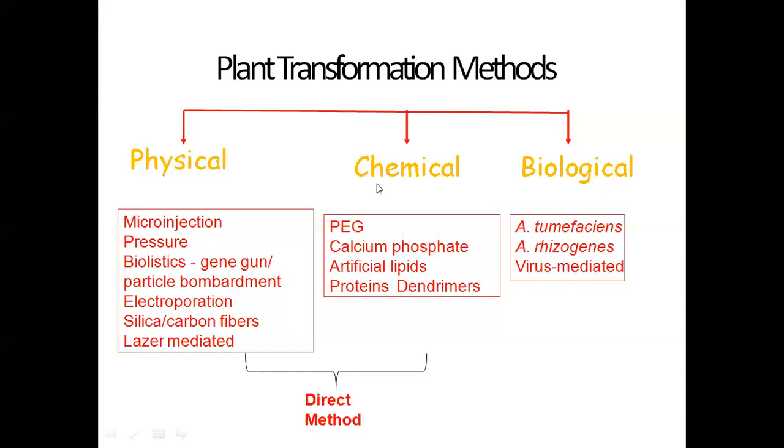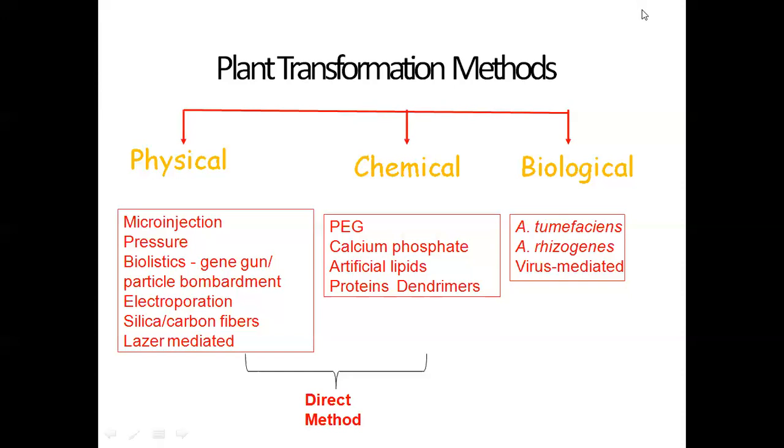Now in the chemical portion, there is PEG, polyethylene glycol. Already we use PEG for protoplast fusion. PEG dilutes the cell membrane, so once the cell membrane is lysed or dissolved, you can directly insert the gene into the cell. Then calcium phosphate is also a chemical compound. Dextran sulfate is also there.